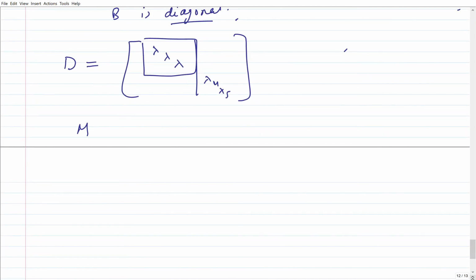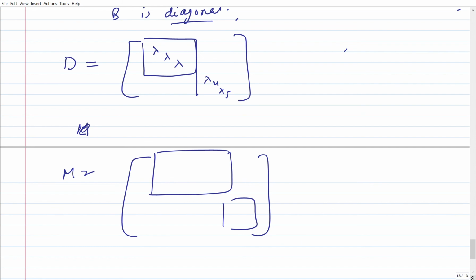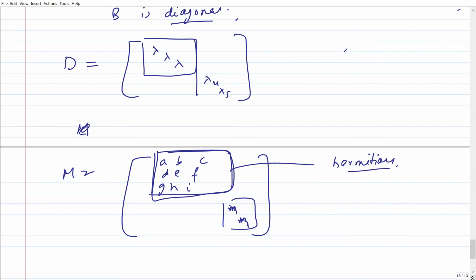So M in some particular basis, where I'm listing it like this, will acquire a block diagonal form, where these entries A, B, C, D, E, F, G, H, I form a block, and this is the diagonal part corresponding to M1, M2, some eigenvalues over here. Now this block is a Hermitian matrix in itself, and this is already a diagonal matrix.